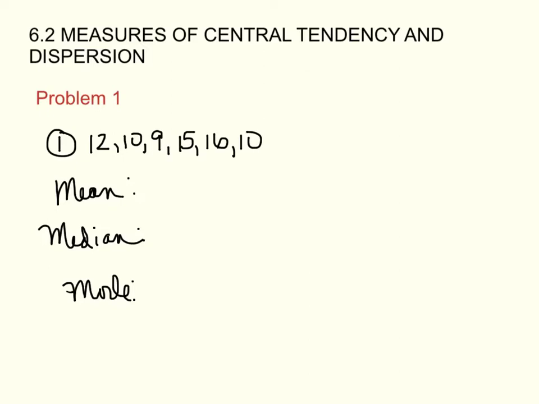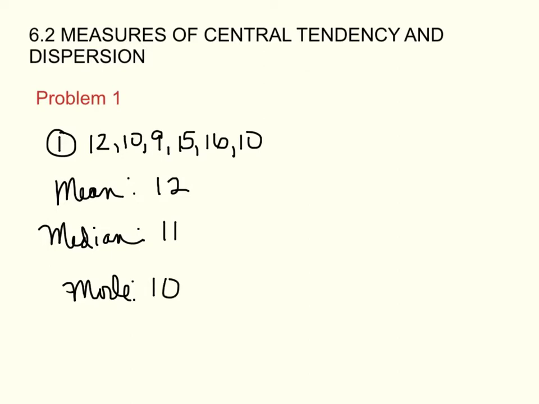The mean, you'd add them up, divide by how many numbers there are, which would be 6. You get a mean of 12. The median is the middle number put in order. If you put these in order, you'd have 9, 10, 10, 12, 15, and 16. 10 and 12 would be your two middle numbers, so you find the average of 10 and 12, which is 22 divided by 2, which gives you 11. The mode in this set of data is 10 because it occurs the most.